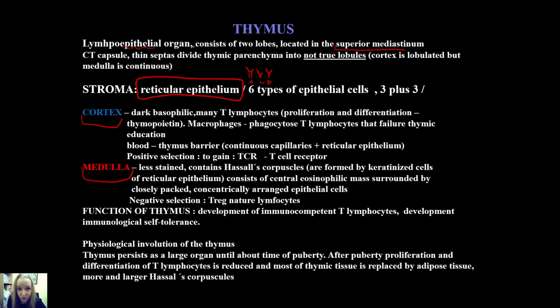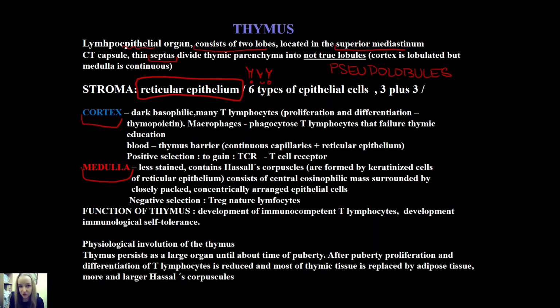it consists of 2 lobes, sometimes 3 lobes, and we can find septa there in the thymus. So in the lymph node and spleen we have trabeculae. Now we have septae, but they divide the thymic parenchyma into pseudolobules, because these septae do not go straight through the thymus.